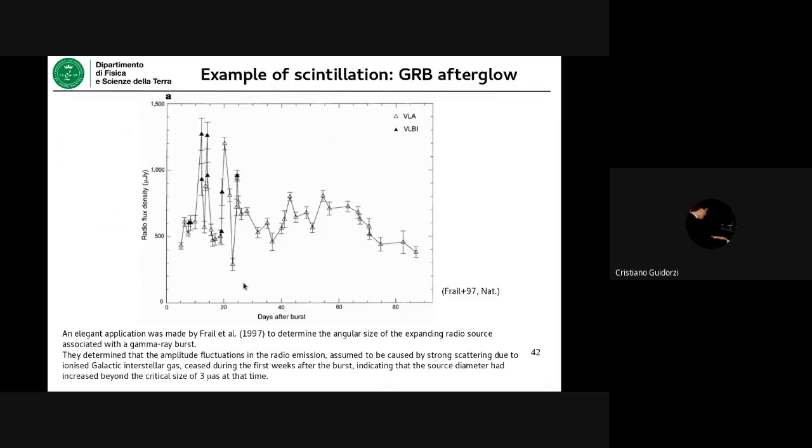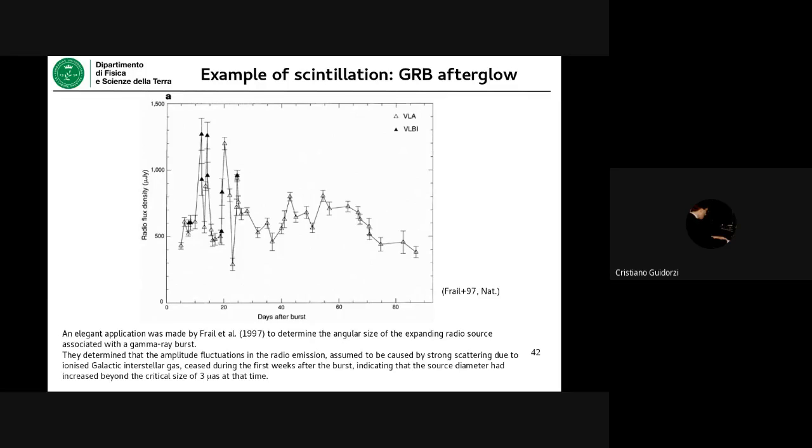So you exploited the scintillation due to the interstellar gas, which lives very close to us, to infer the size. And given that we knew at the time the distance of this gamma ray burst afterglow, you know the distance, you know the angular size, so you can calculate the physical size of the source.